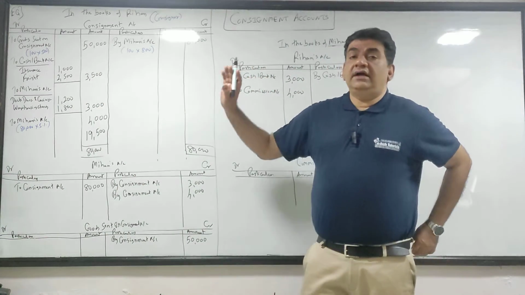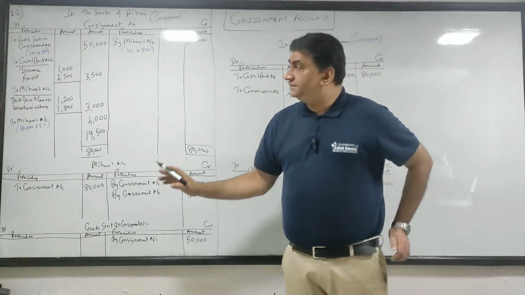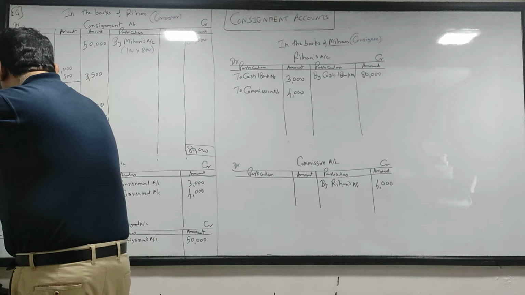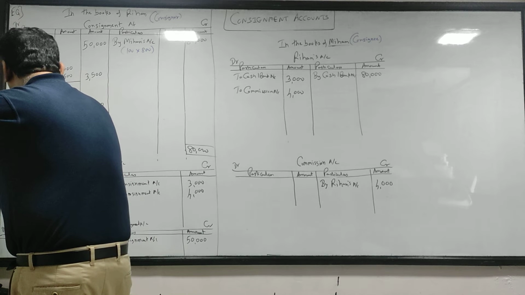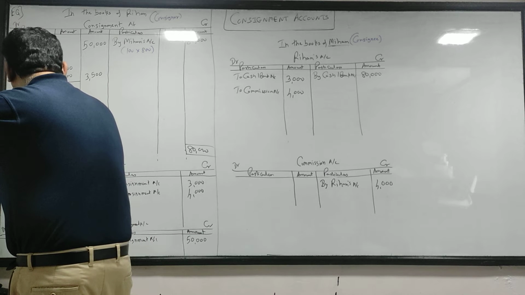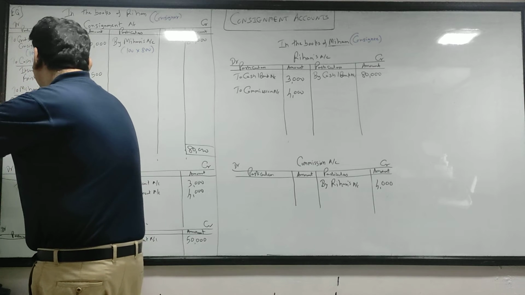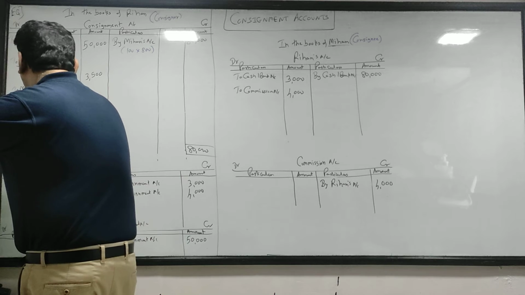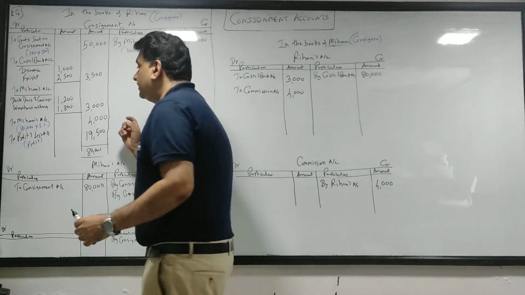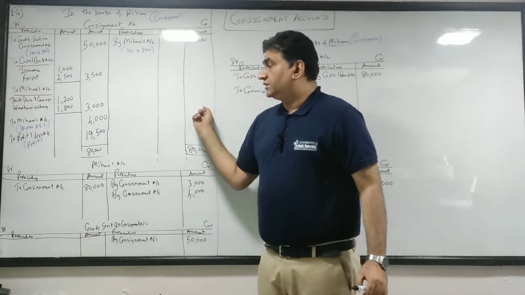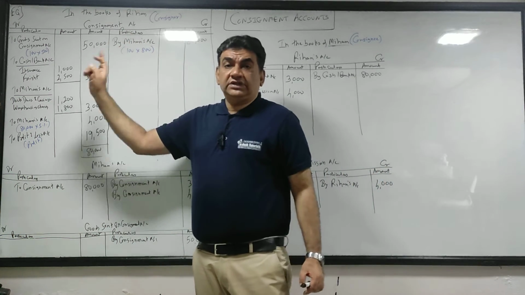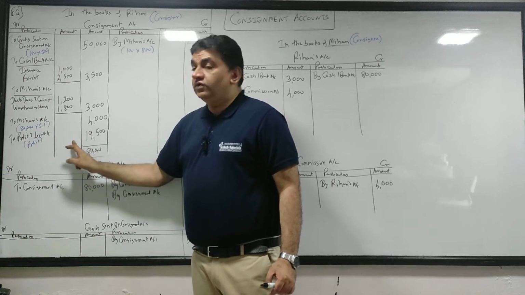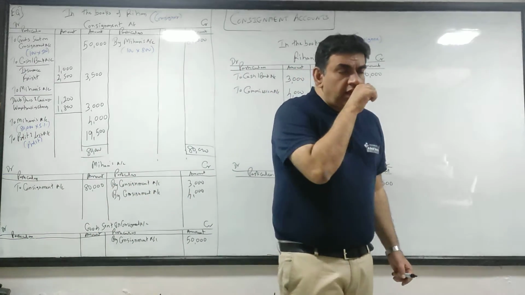Credit side, income side is greater, so this is my profit. This profit will go to profit and loss account, and you can put in brackets profit. अगर लॉस होता you would have written by profit and loss loss. इसका एंट्री अगर पास किया होता consignment account debit 19,500 to profit and loss account.